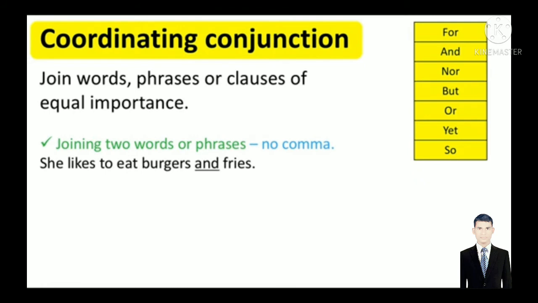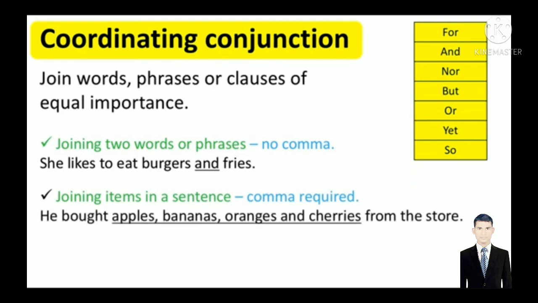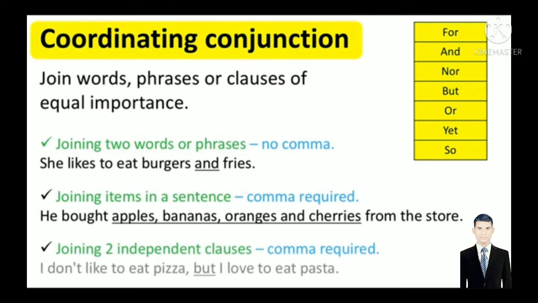She likes to eat burgers and fries. When joining items in a list, a comma is required. For example, he bought apples, bananas, oranges, and cherries from the store. When joining 2 independent clauses, a comma is required. For example, I don't like to eat pizza, but I like to eat pasta.